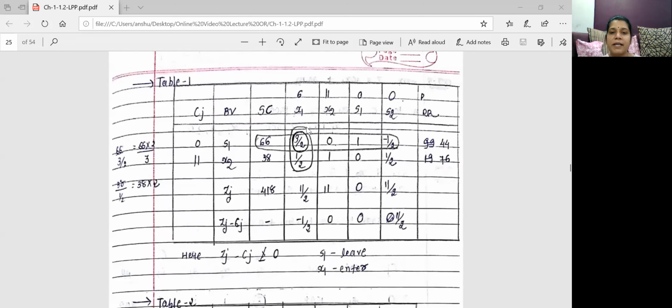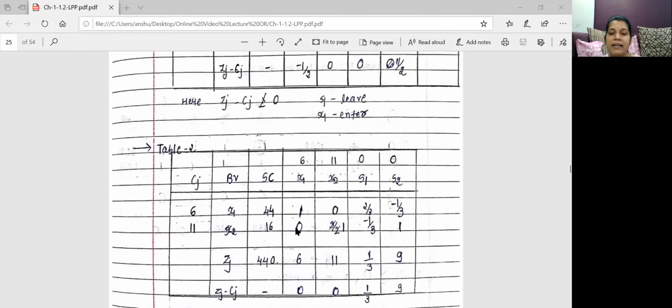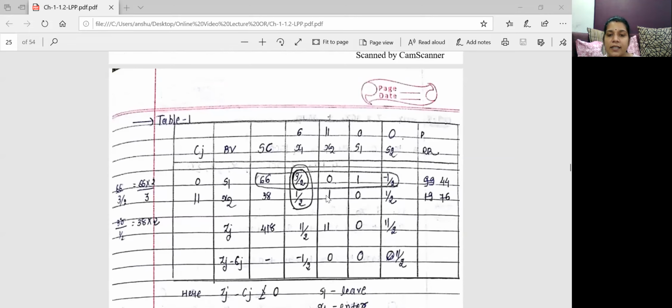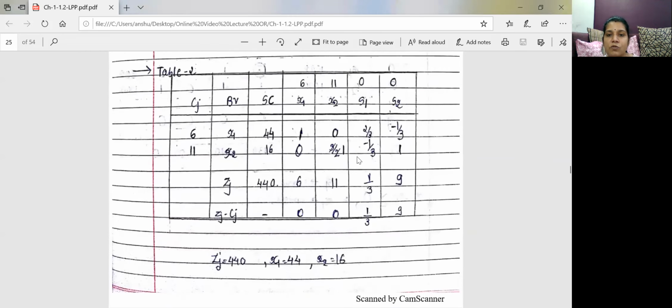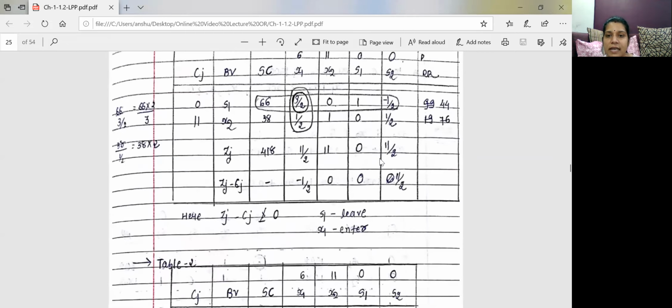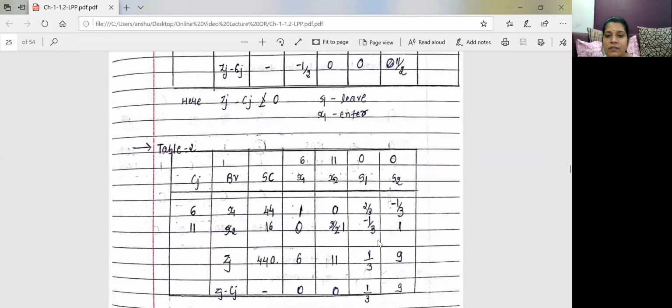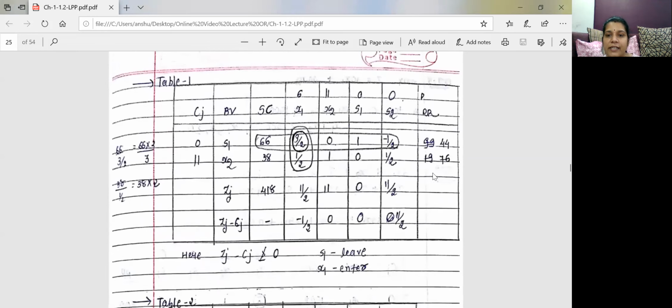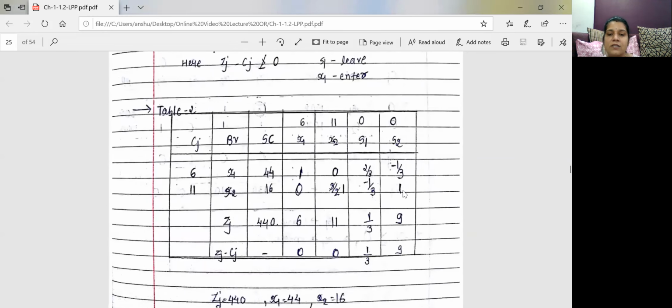In the X1 column, our key number is 1, so by default we write 0 here. Again we find these values. In place of 1, 3 by 2 into 1 minus 1 by 2 into 0, divided by 3 by 2, so we get 1. Same, next value S1 is minus 1 by 3, and the next value 1 by 2 is 1.